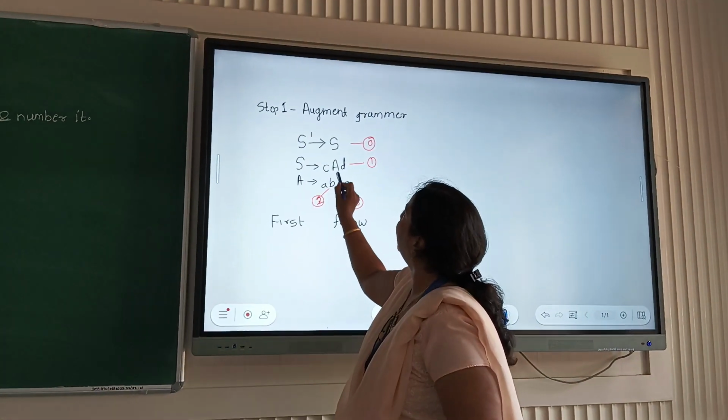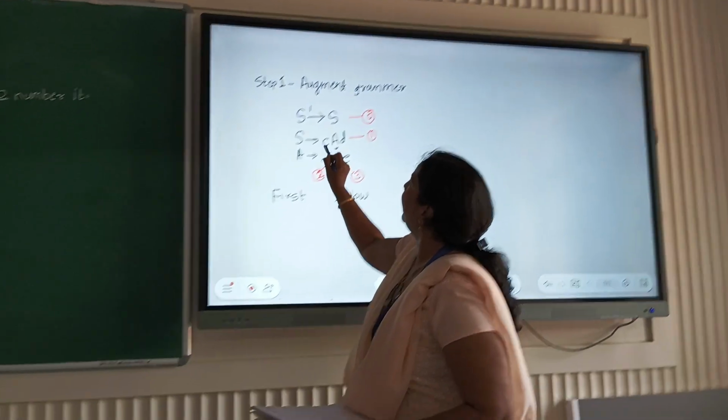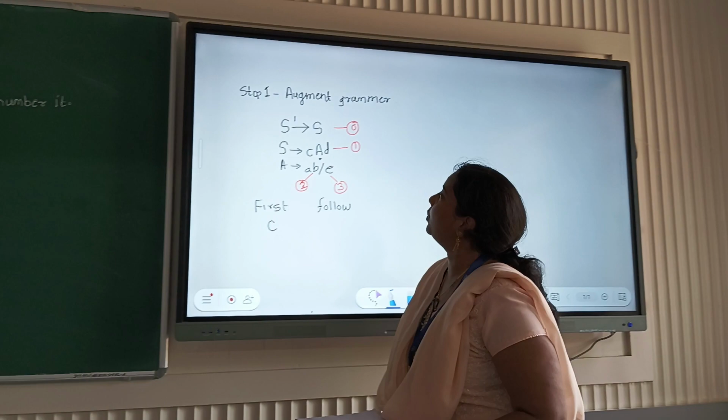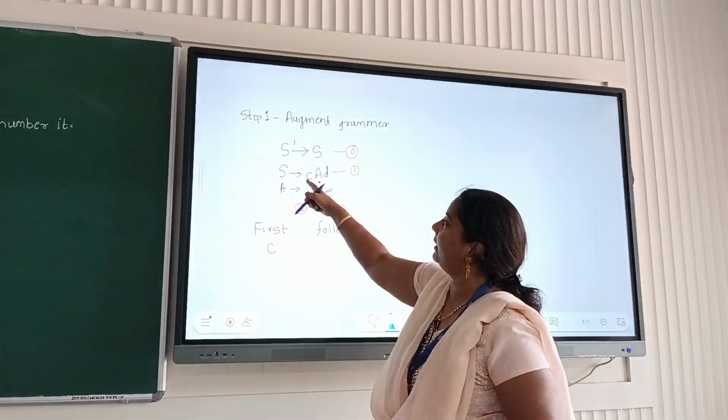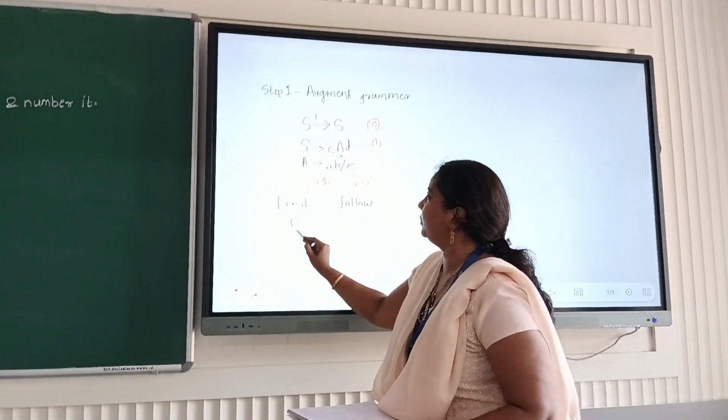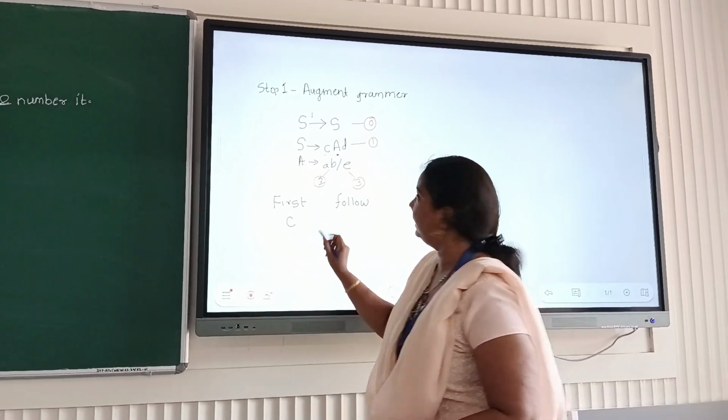The first is A, and what is the first of A? It is a C. So the first node is A, and the first position of A node is a C. Then you require to write here C.